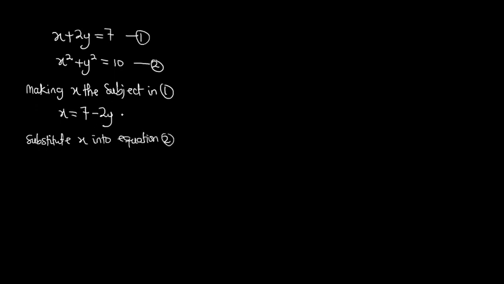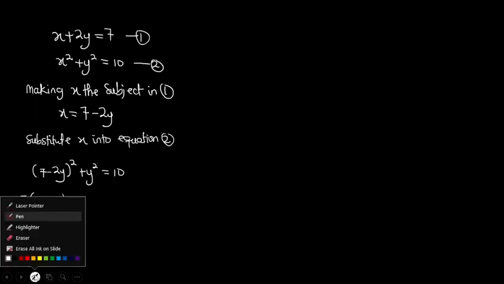Okay, so it means wherever I see x, I should place 7 minus 2y in there. So I have here 7 minus 2y in place of the x, and I square it, plus y squared is equal to 10. So from here I can expand this bracket and then solve for y.